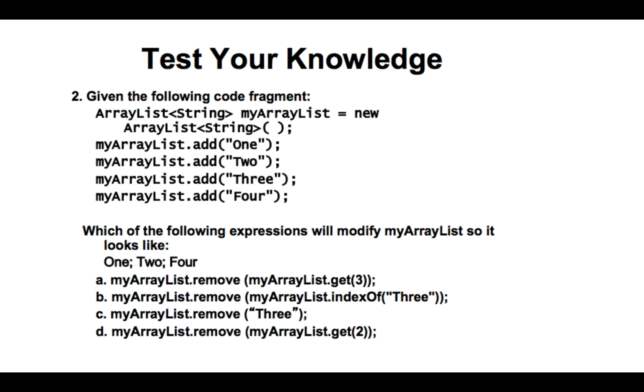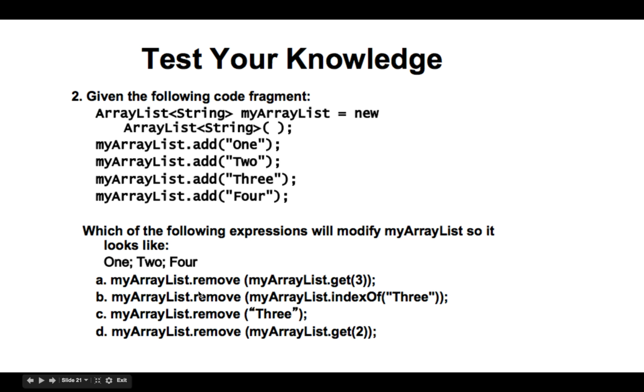How do we know 3 is at index 2? Because again, everything in Java starts with index 0. So 1 is located at index 0, 2 is located at index 1, the string 3 is located at index 2, and the string 4 is located at index 3. So we're either removing index 2 or we're removing the string 3.